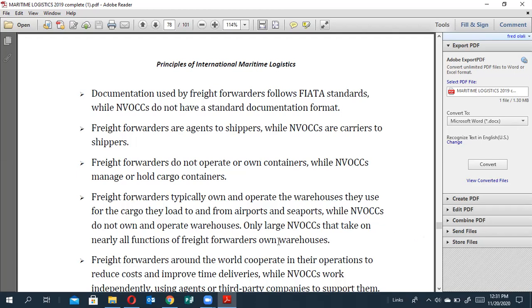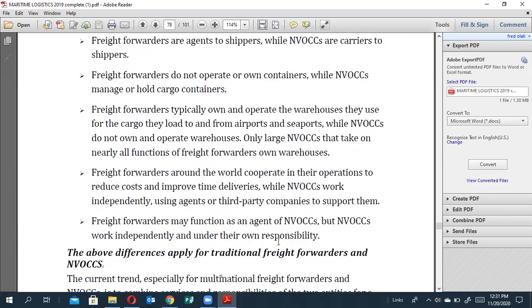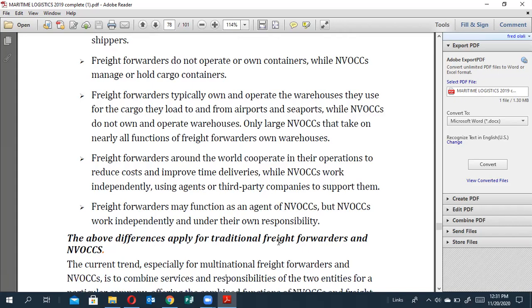Another distinction is that freight forwarders around the world cooperate in their operations to reduce cost and improve delivery times, while NVOCCs work independently using agents or third-party companies to support them. Freight forwarders may function as an agent of an NVOCC, but NVOCCs work independently and under their own responsibilities.